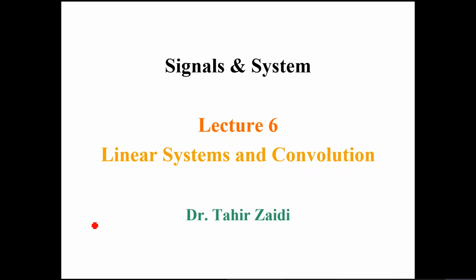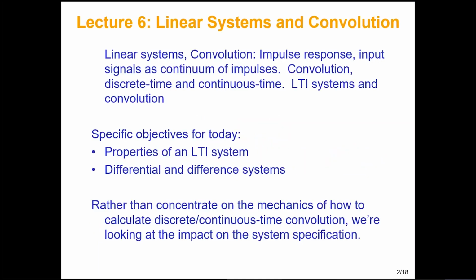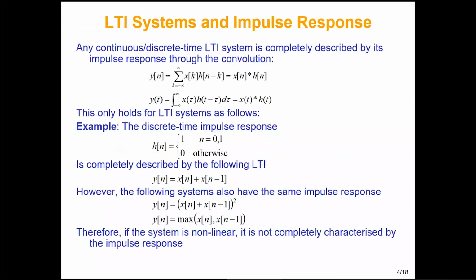In the last lecture, we saw how the concepts that we had seen for continuous time can be used for systems to find out the output if we know the input x and the impulse response h.